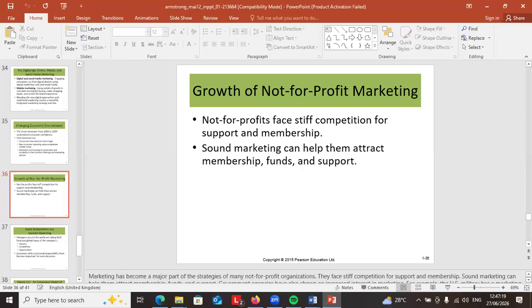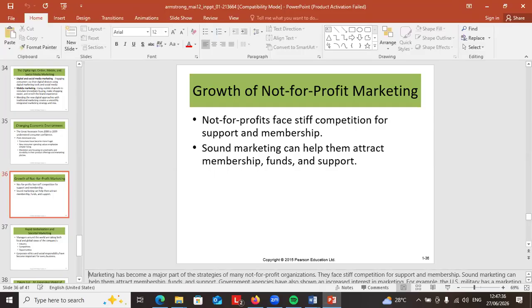Now, marketing has become a major part of the strategies of many non-profit organizations or charity organizations. They tend to face stiff competition for support and membership these days. And so sound marketing can help them attract membership, funds, and support.